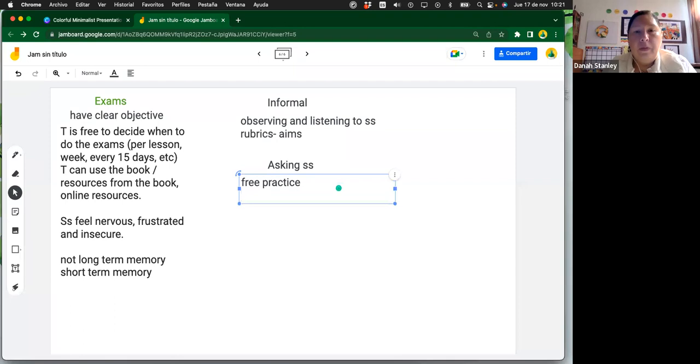In here, the evaluation can be informal, but also formal, because it's speaking.